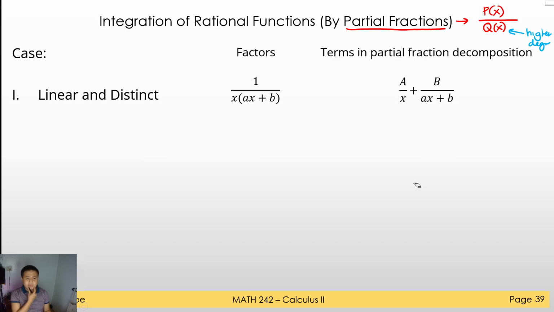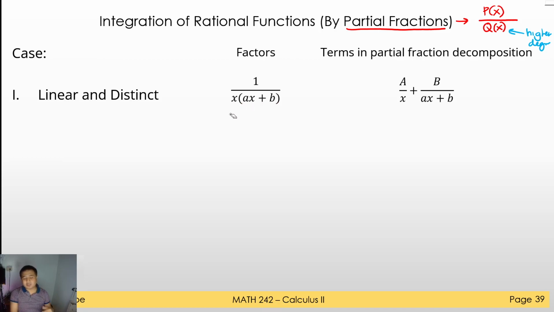Okay, let's begin with the first one, the linear and distinct. What does that mean? If we have a denominator that is linear and distinct, that means it has an exponent of 1 on your x, and it is distinct, meaning there is no repetition between your factors.